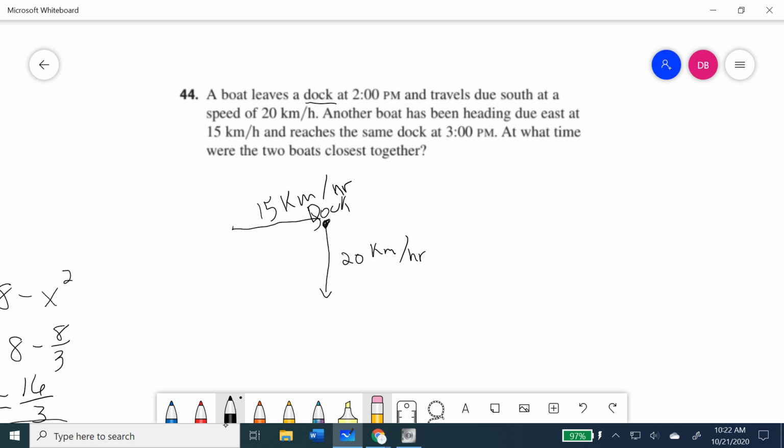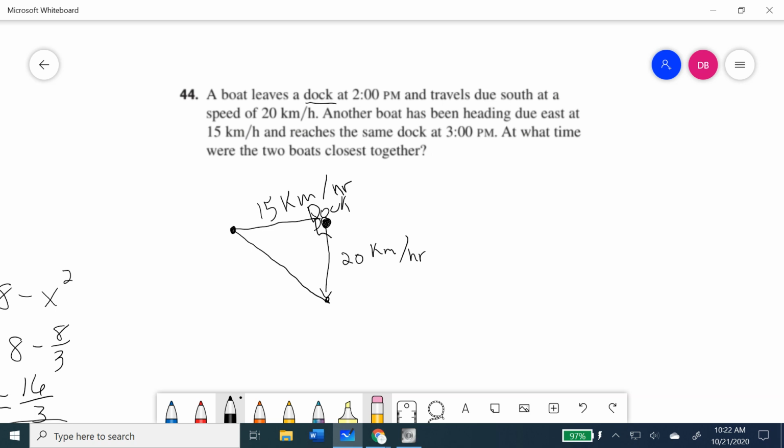So I'm going to say that this point is now the dock. This is the boat heading toward it. This is the boat heading away from it. And the distance between them is right there. Do you see that the Pythagorean theorem is going to be the big deal? I want to focus first on what I am minimizing or maximizing. It wants to know when the boats are closest.